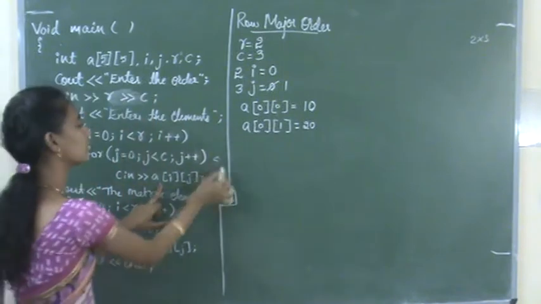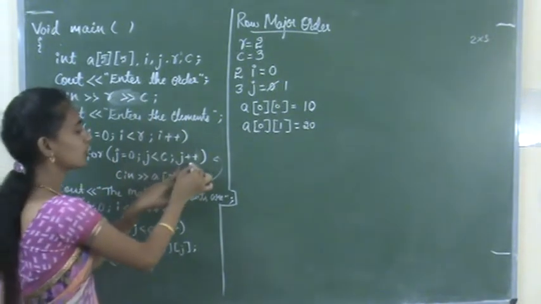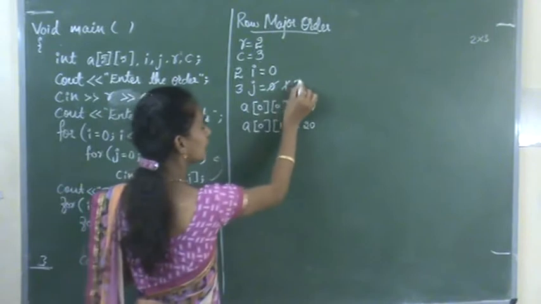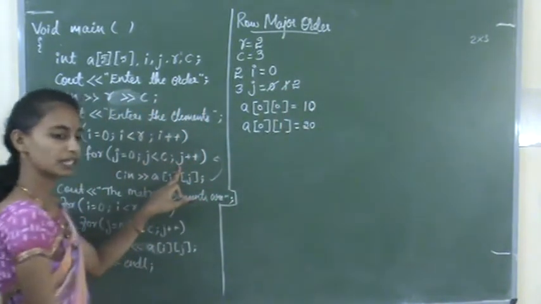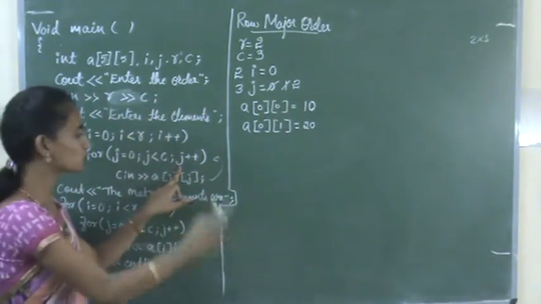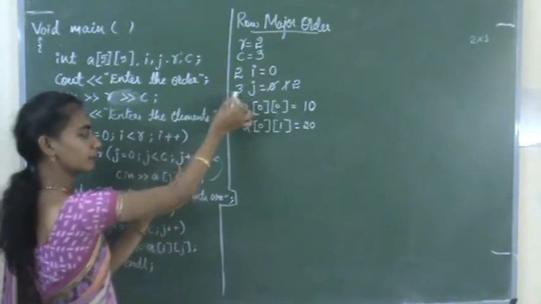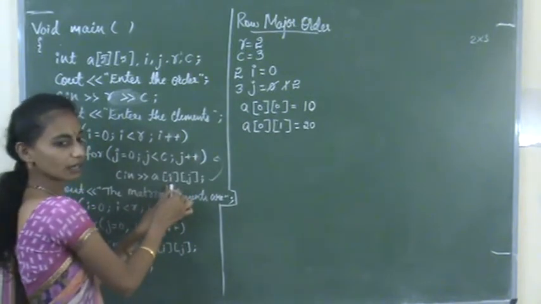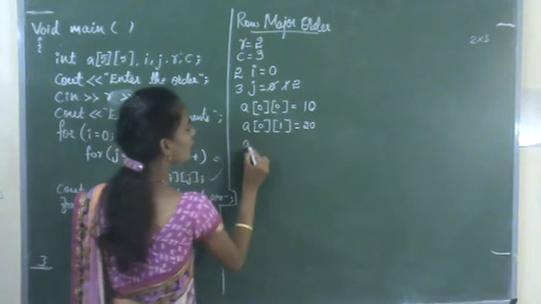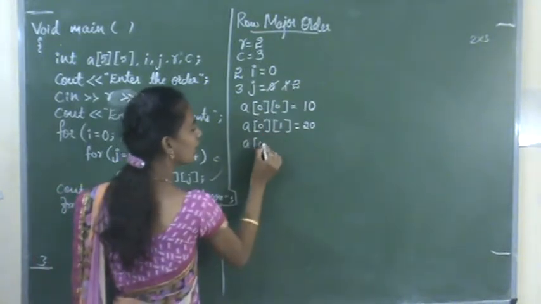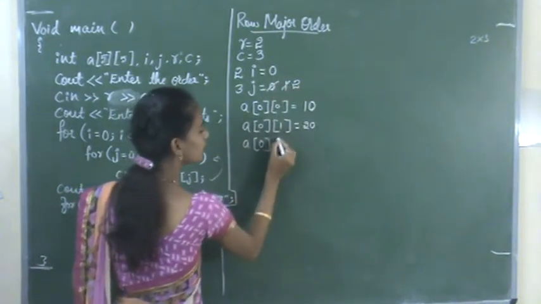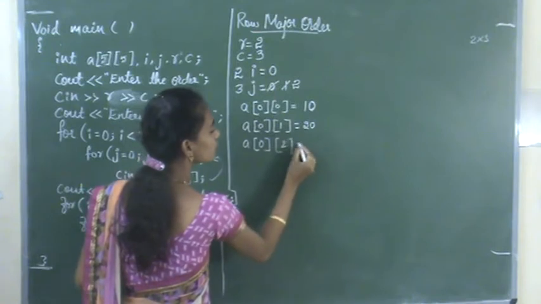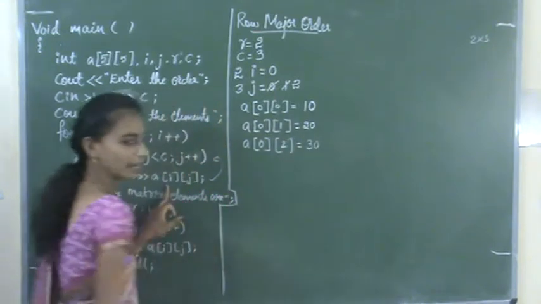Again the loop will be repeated. J value is incremented, that becomes 1 plus 1 is 2. So 2 less than 3, true, it will enter the for loop. Now A of what is I value? I value is 0, J value is 2. So for A of 0, 2 I enter some value, right?